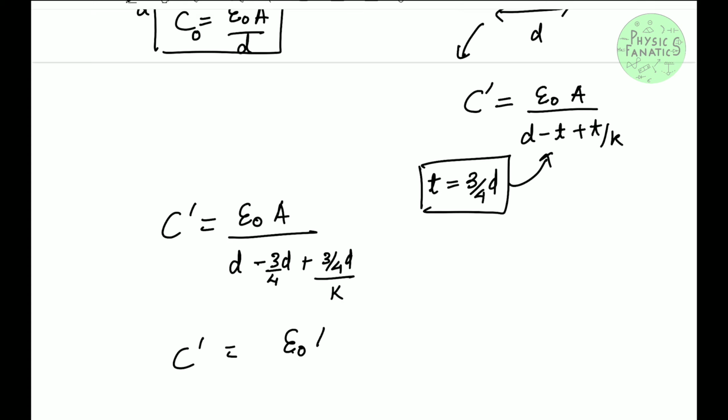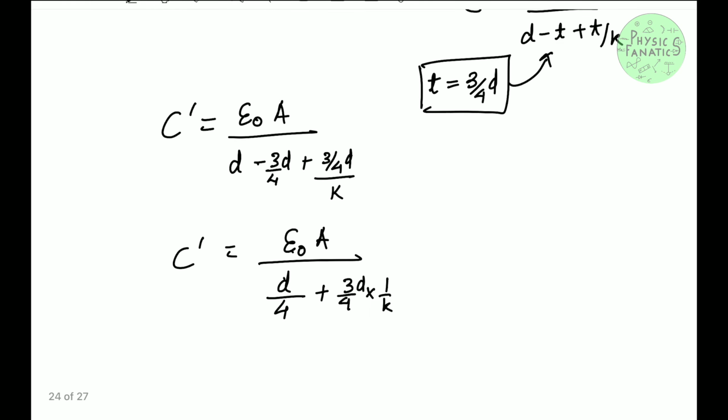This will be epsilon naught times A upon d minus 3 by 4 d, which is 4 minus 3, that is 1, so d upon 4, plus 3 upon 4 d multiplied by 1 upon K.